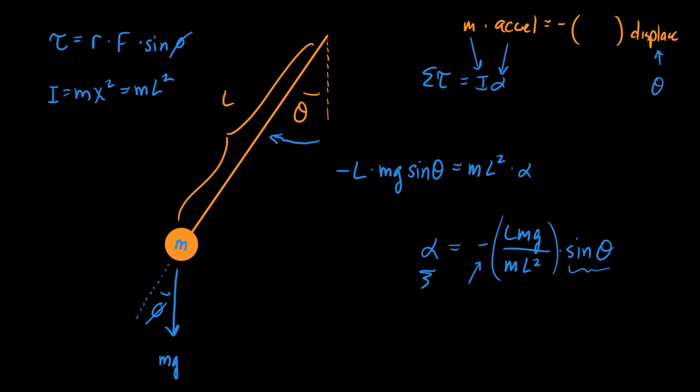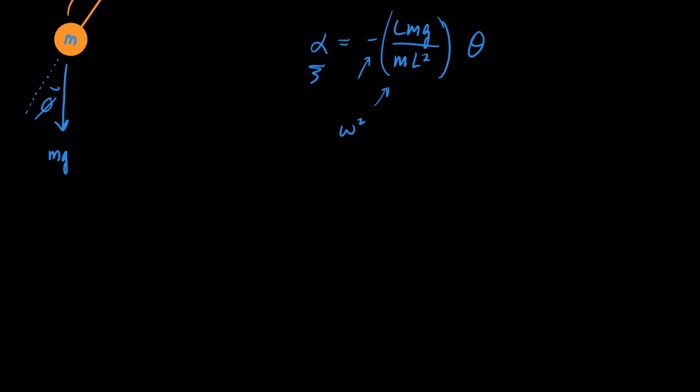So we're going to lie. I want to show you a lie, okay? It's only a simple harmonic oscillator if we keep the angles small. So we can replace sine theta with theta if the angles are small. That means this is omega squared. Now, this isn't a surprise. Look at what that is.